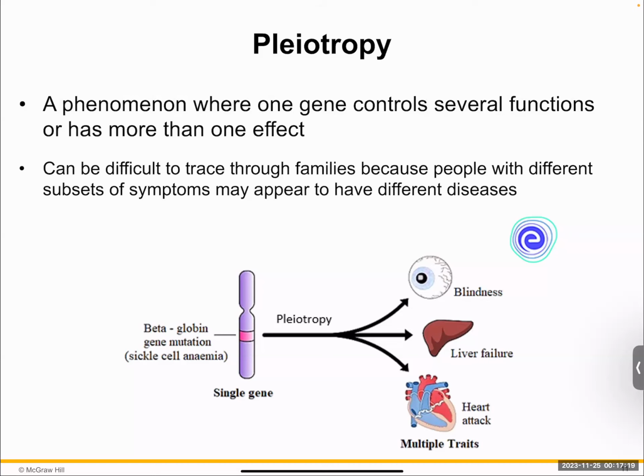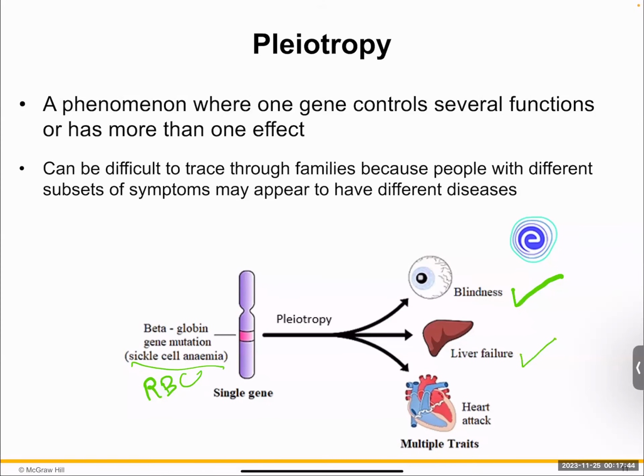For instance, a mutation related to the beta globin of the hemoglobin causes sickle cell anemia. Damage to your red blood cells is the typical thing we see. We also see that sickle cell anemia may affect the nervous system, causing blindness.